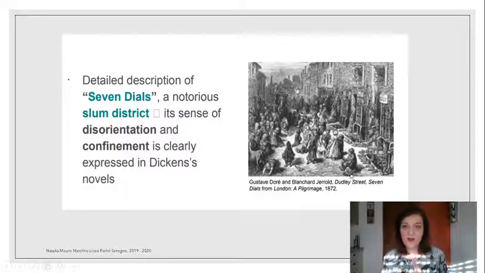You can see here, for example, a painting by Gustave Doré. It was a district of slums where only poor, neglected people used to live.